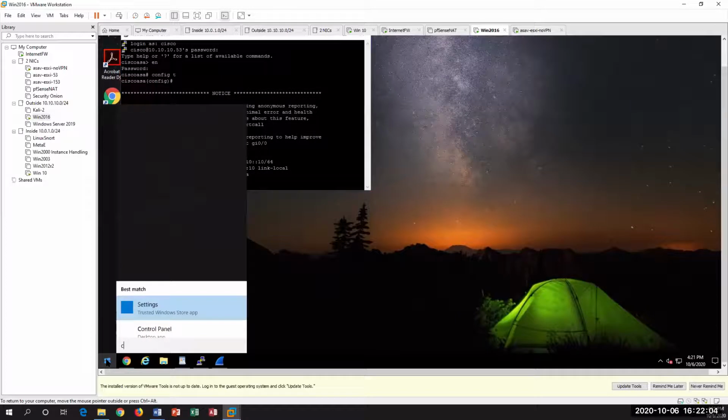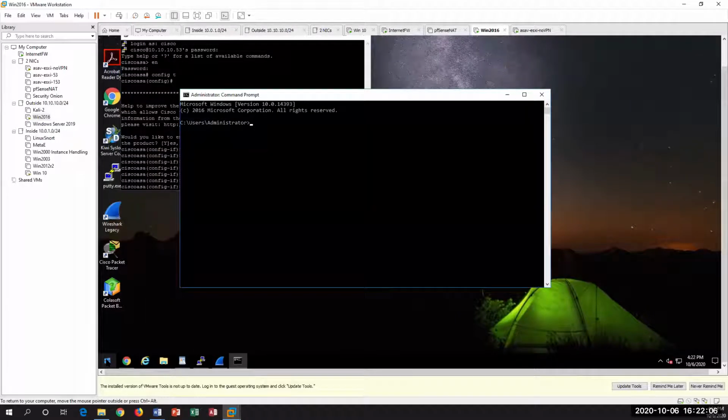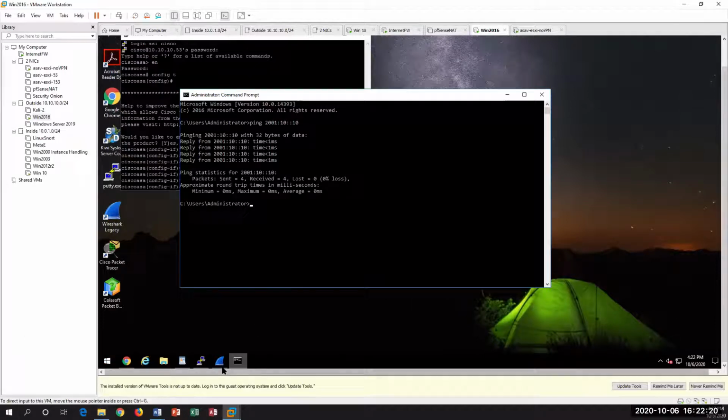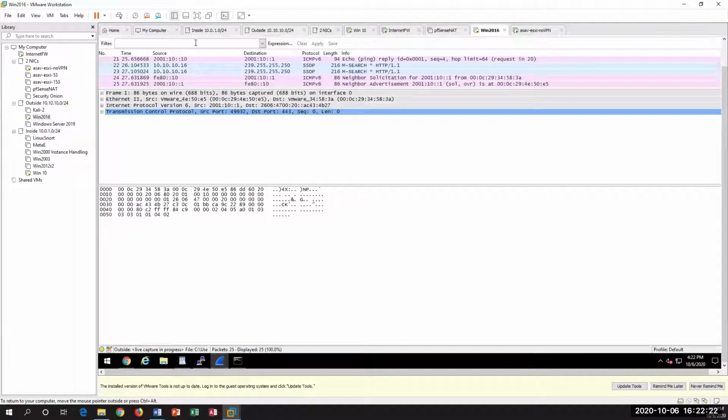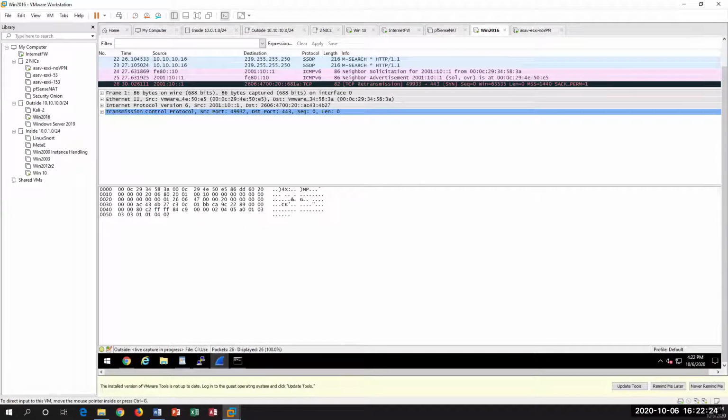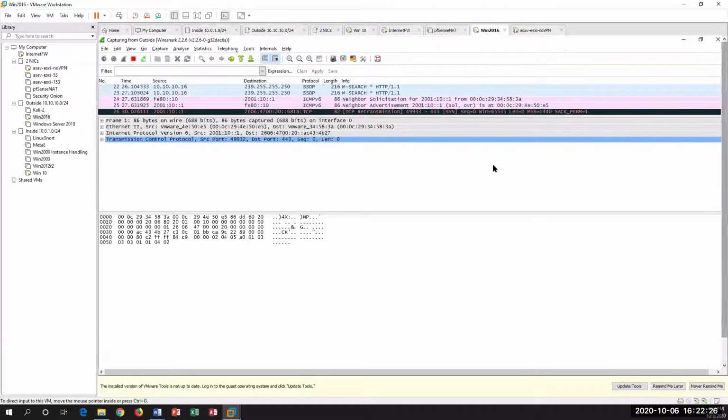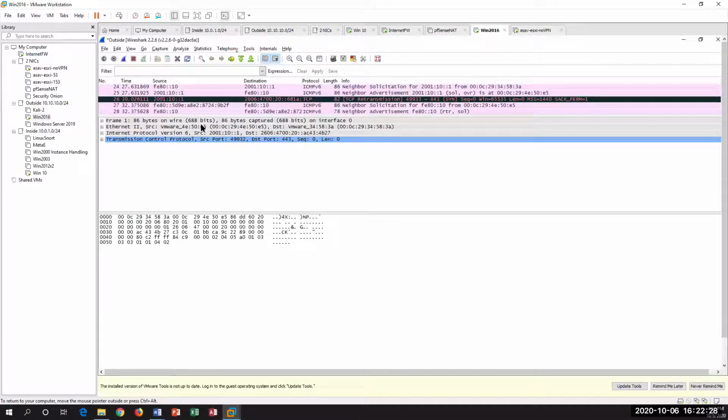So we're going to ping 2001:10:10. That's our ASA. So now it's working fine. Let's go to our Wireshark and bring it up a little bit. And then let's just stop the capture. And you can put in the filter, ICMPv6.